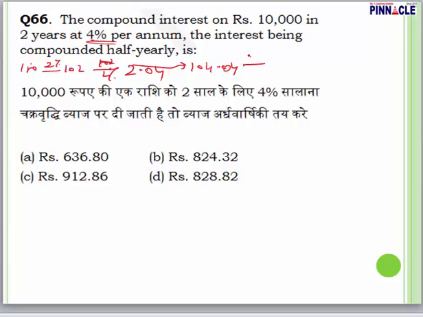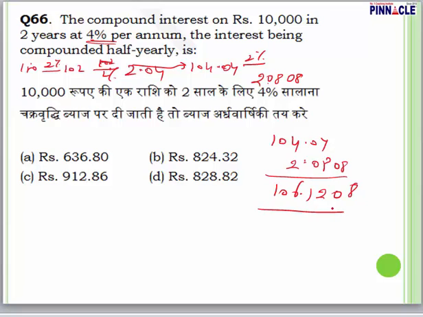104.04, and then again 2%, then it will be equal to 2.0808, in other words 104.04 and then 2.0808, it will be equal to 106.1208.